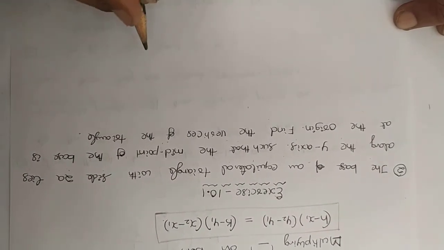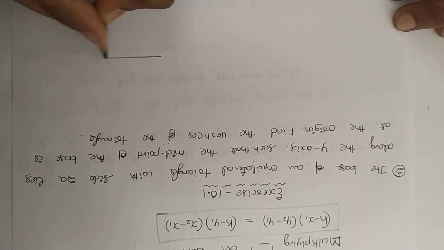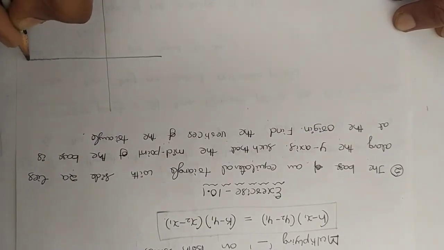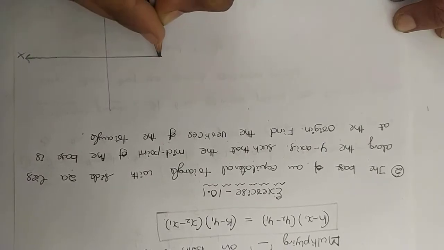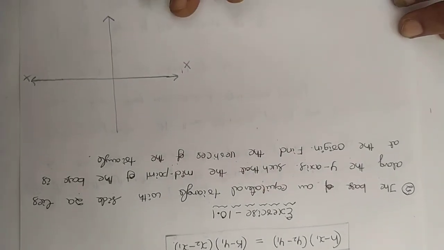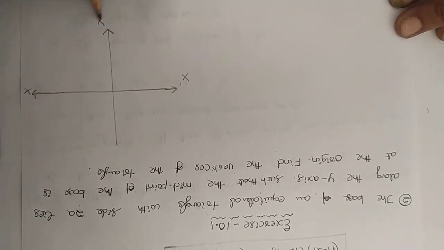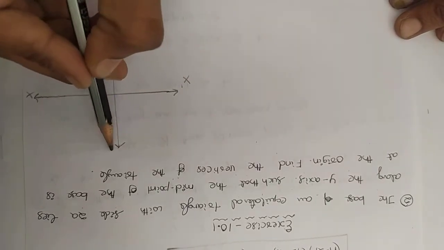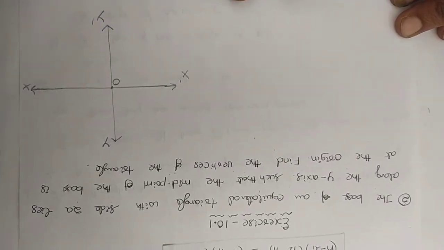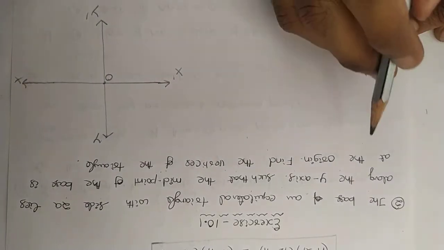You just imagine here we will have the xy plane, x-axis, negative x, negative y-axis and positive y-axis. It is what? Origin. Once again, you just observe the question.